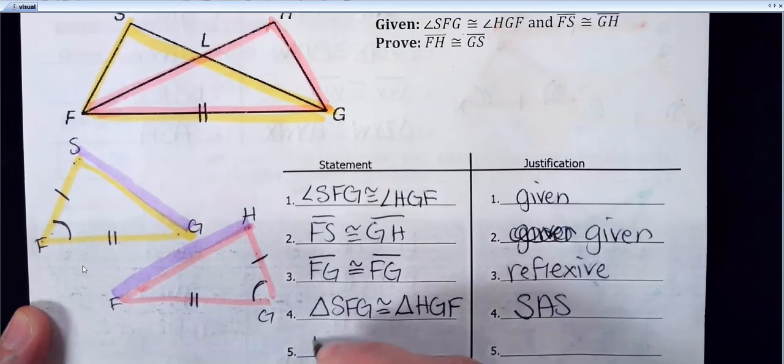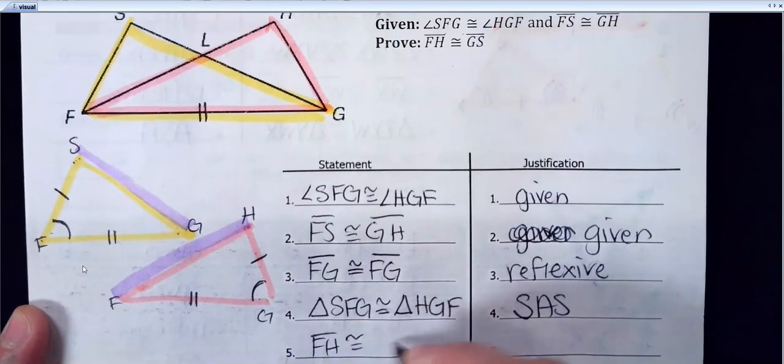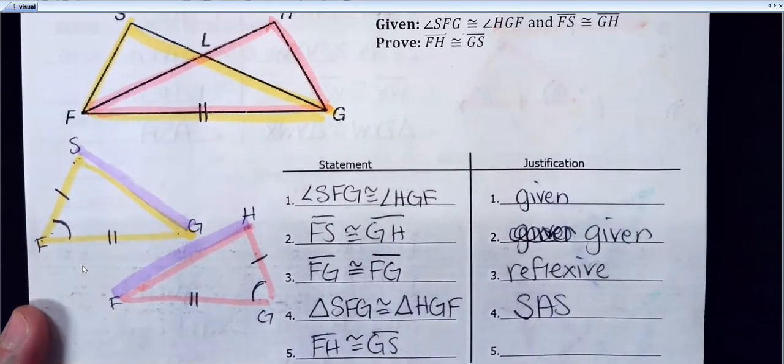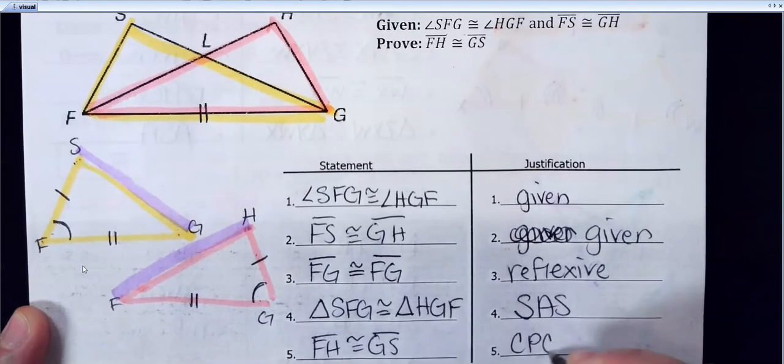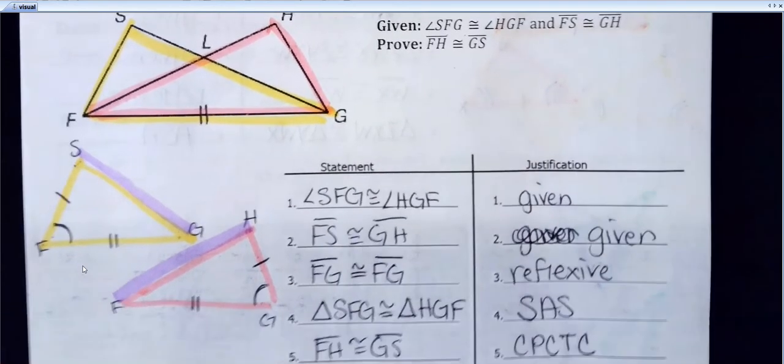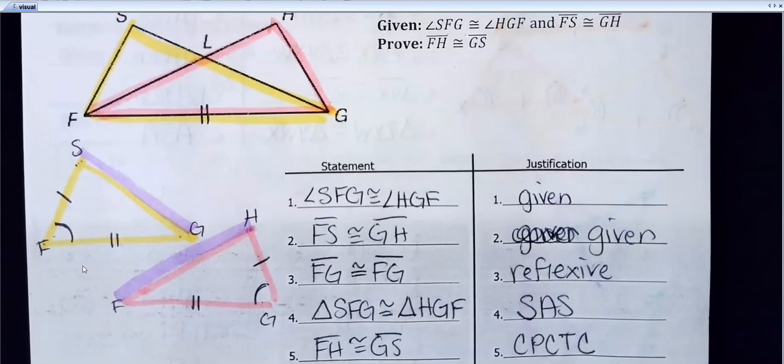So I'm going to say FH is congruent to GS, and we had to prove the triangles congruent first, and then it's corresponding parts of congruent triangles are congruent. So that's CPCTC. If you have a 5-step proof, that's going to be the last step. If you have a 4-step proof, you are just proving the triangles are congruent. The 5-step proof is taking that one step farther. Is anybody having a question?